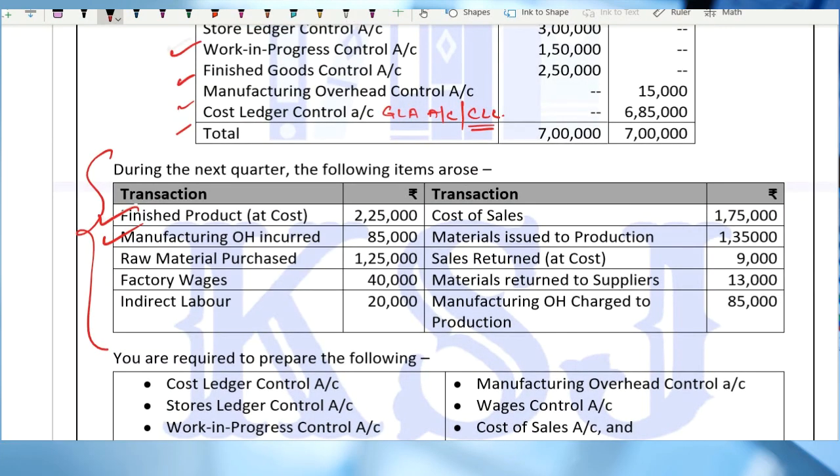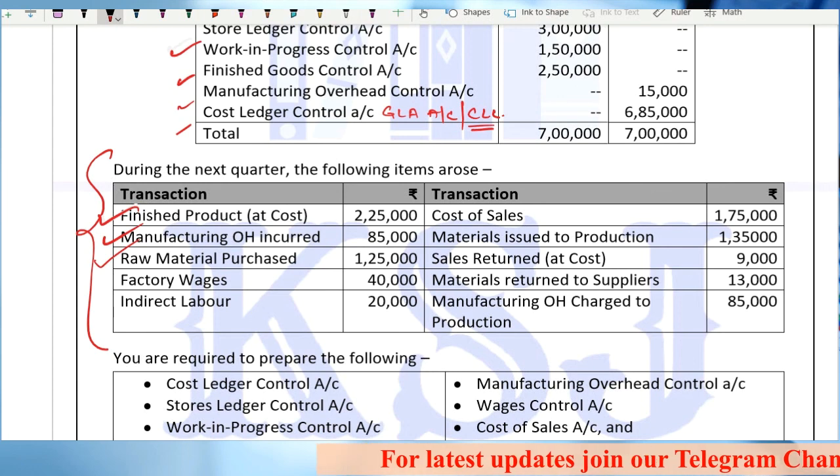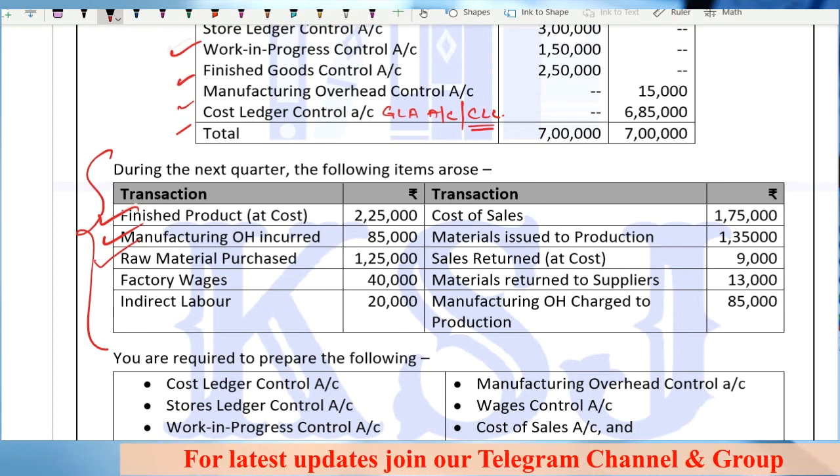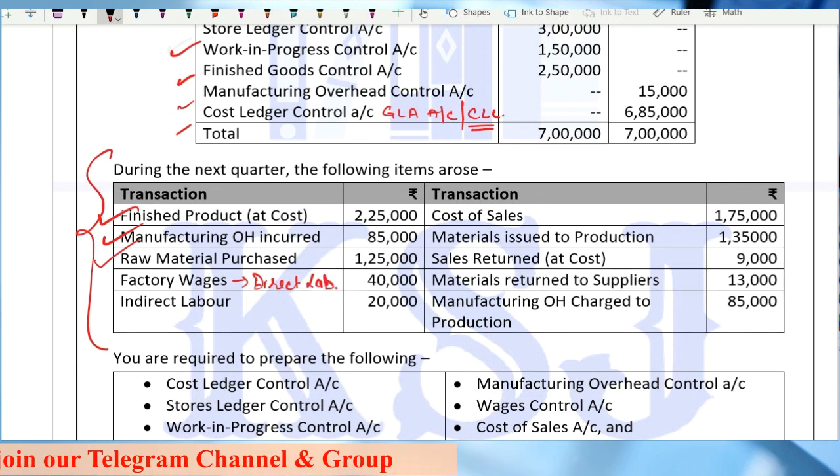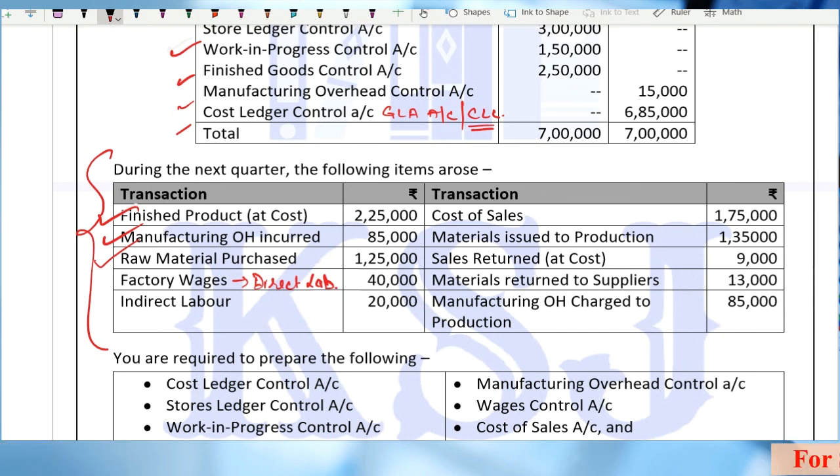Next is factory wages. Now see, they have given the factory wages also and they have given the indirect labor also. So that means this is my direct labor cost. When you are given the factory wages, that means you are given the direct wage cost. Clear?